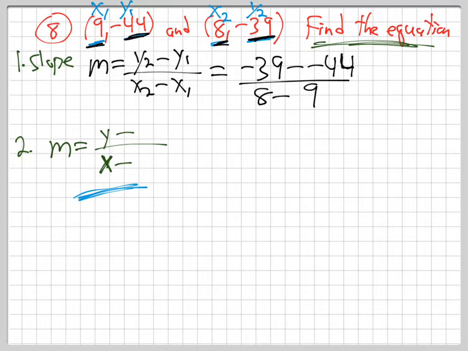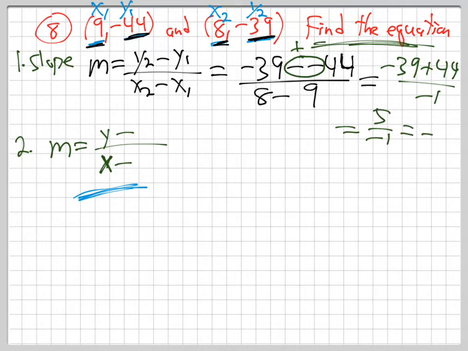Is that good? And then, double negative here. It's going to become positive, isn't it? So it's minus 39 plus 44 over negative 1, which is 5 over negative 1, which is negative 5. So there's the slope. That's the end of step 1. The slope is negative 5.